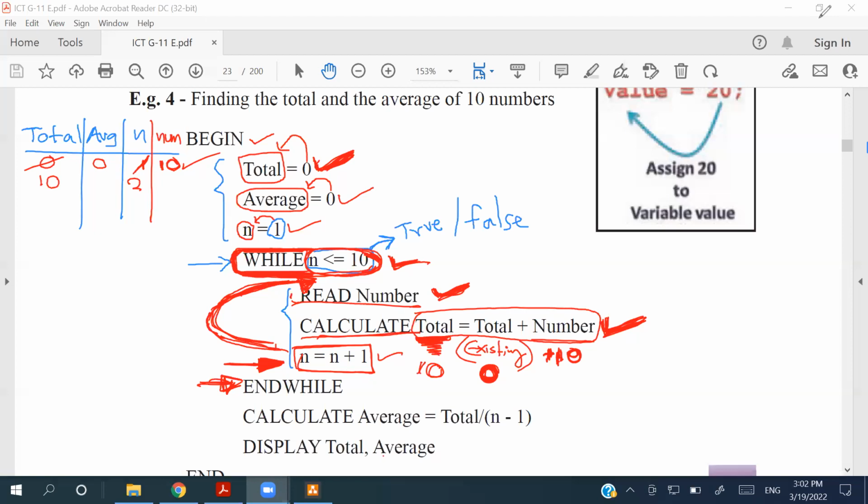Now, once it reached the condition, it is asking whether n is less than or equals 10. Is n less than or equals 10? What's the value of n for the moment? Yeah, that's correct.